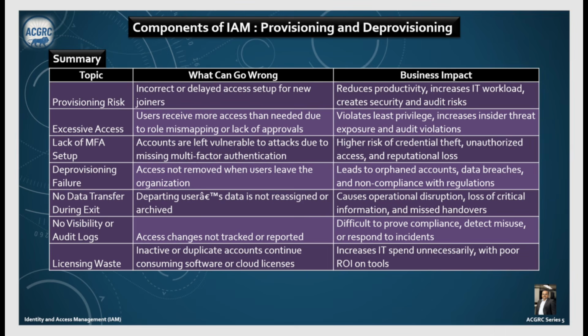No visibility or audit logs: access changes are not tracked or reported. It's difficult to prove compliance, detect misuse, or respond to incidents. From a licensing wastage perspective, inactive or duplicate accounts continue consuming software or cloud licenses, thereby increasing IT spend unnecessarily with poor return on investment on tools.